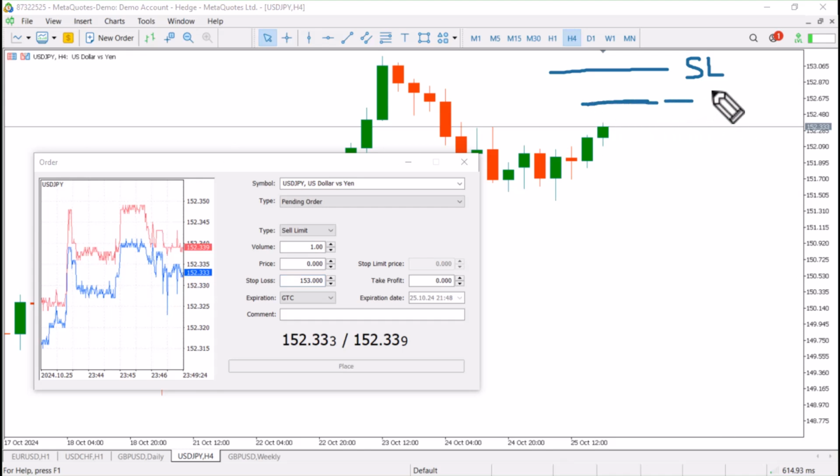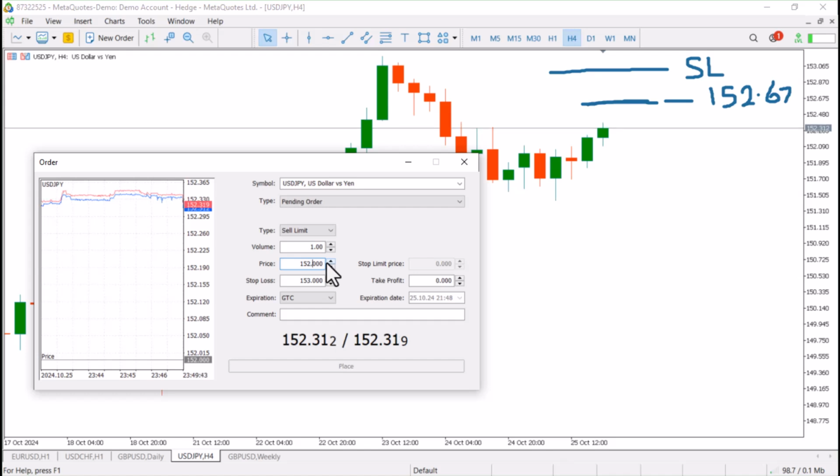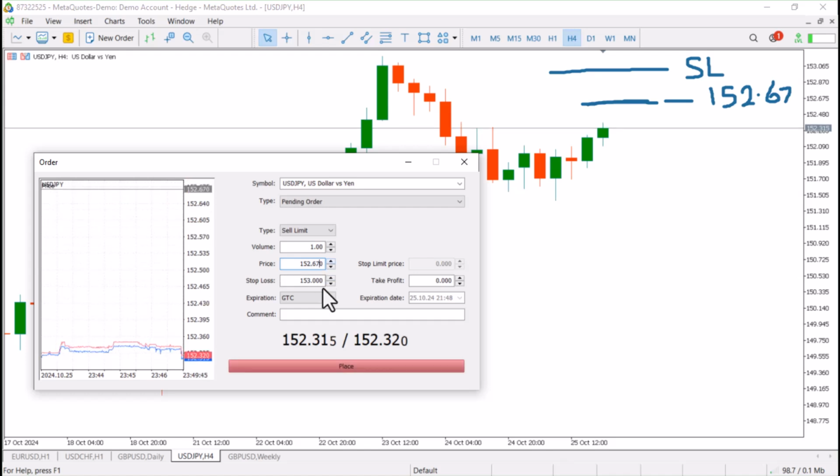So let's put our sell limit at 152.67. So now we proceed forward to go under the price. We set our sell limit under the price, which is 152.67. After we set that, then the final leg is to set our TP.